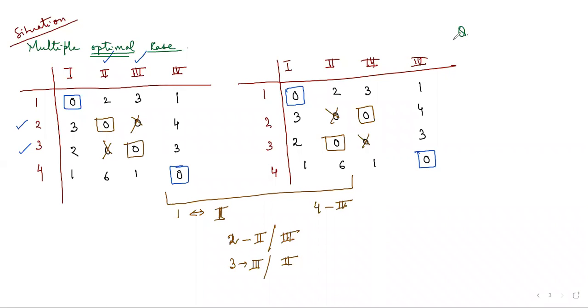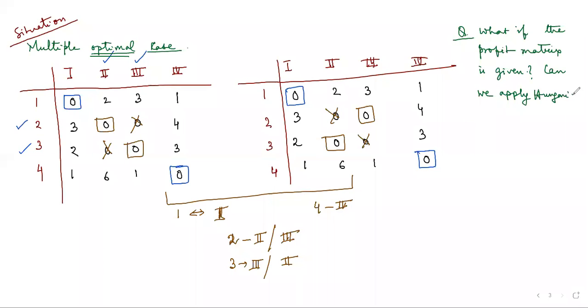As a question I'm posing: what if the profit matrix is given? Can we apply Hungarian? The answer is no.